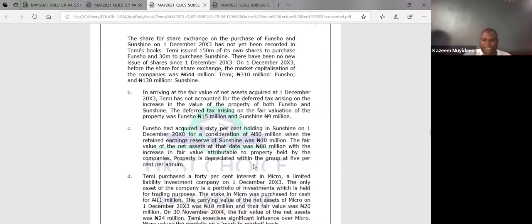Property is depreciated within the group at 5% per annum. He now adds the depreciation. I can now calculate the depreciation. I will debit the retained earnings of the subsidiary and credit PPE.